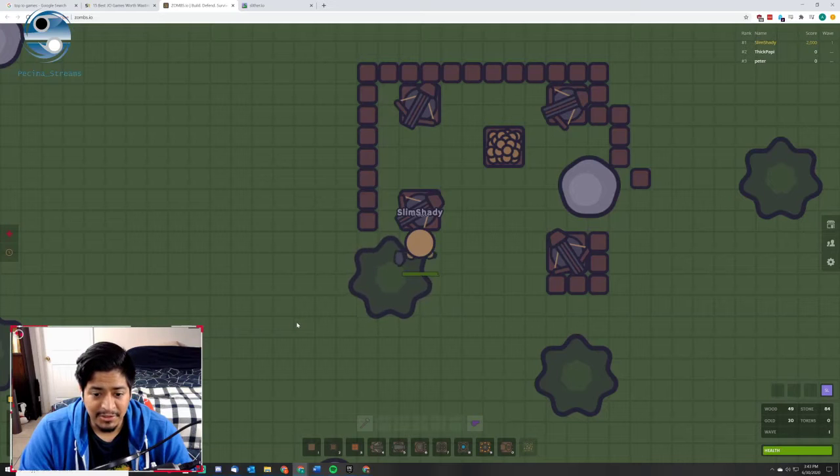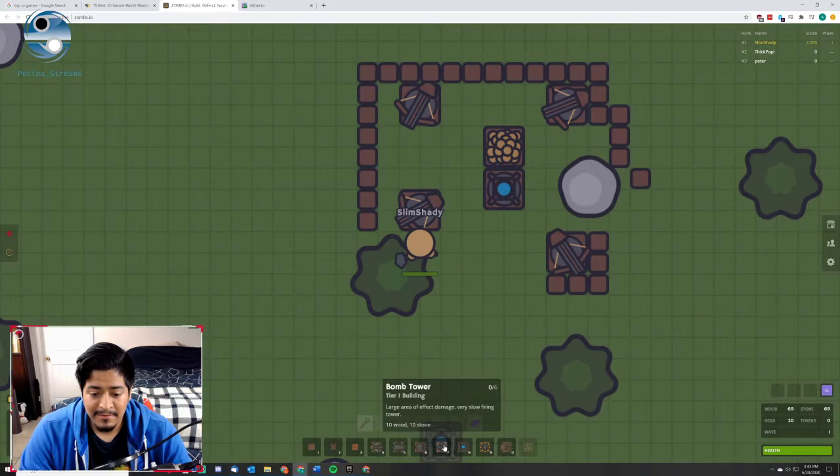I'm guessing the strongest defense will be some sort of maze-like thing, where if they break something, there's something there, and then they break something else, there's something there that gets them. Put a mage tower there.